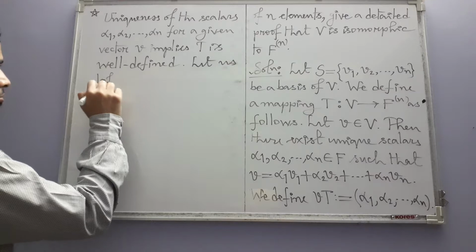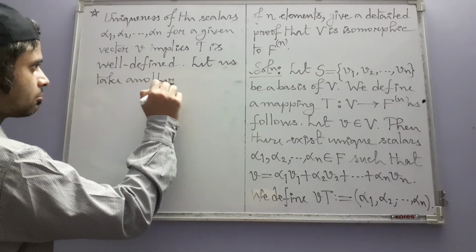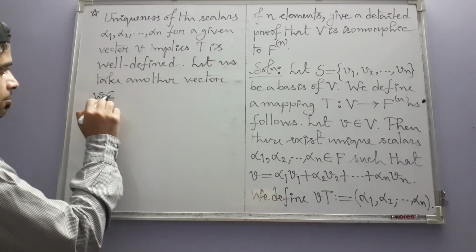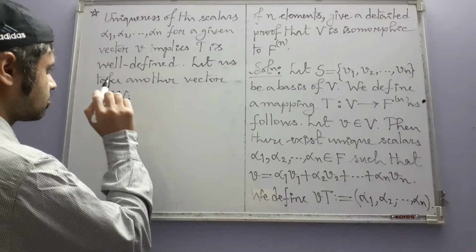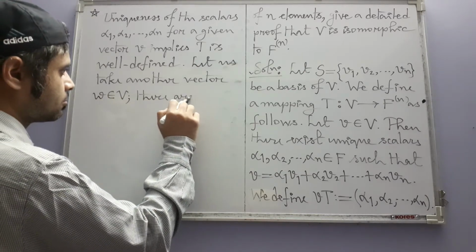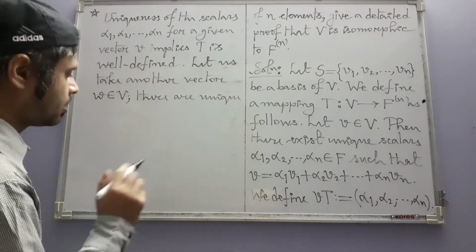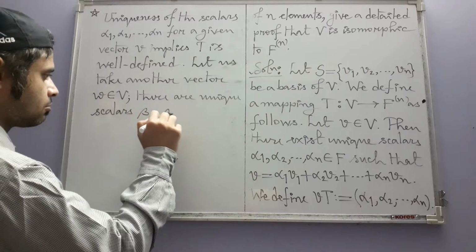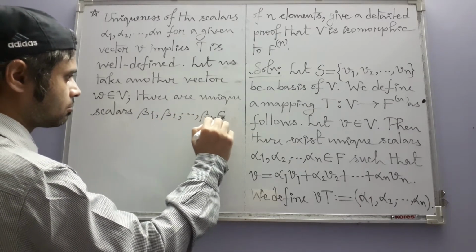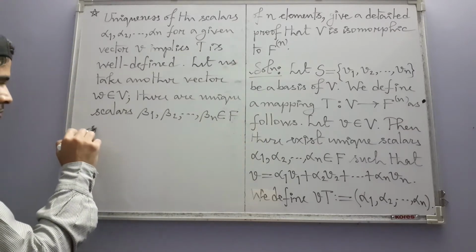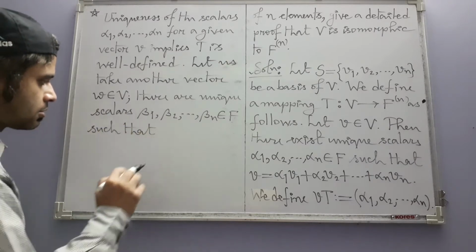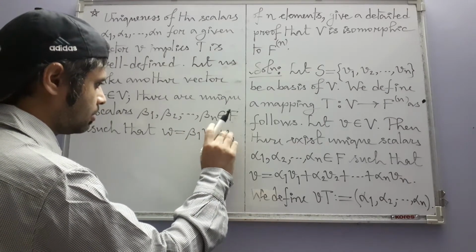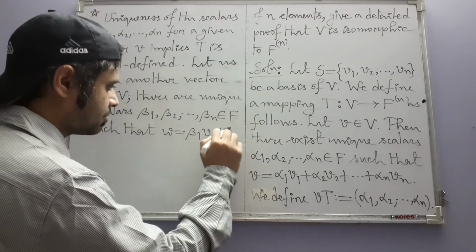Let us take another vector, say w belonging to V. For this w also, we will similarly get a set of unique scalars such that w is also one such linear combination of these same basis vectors.